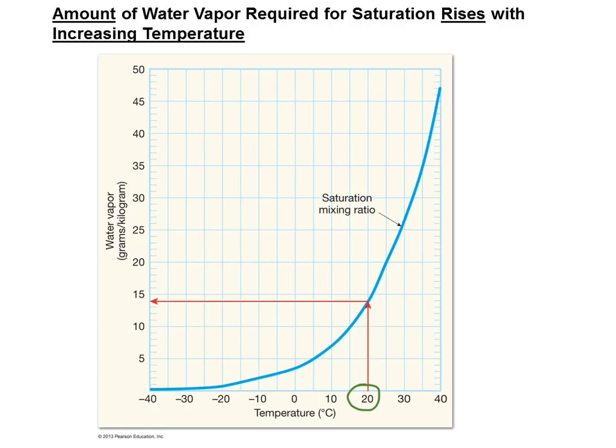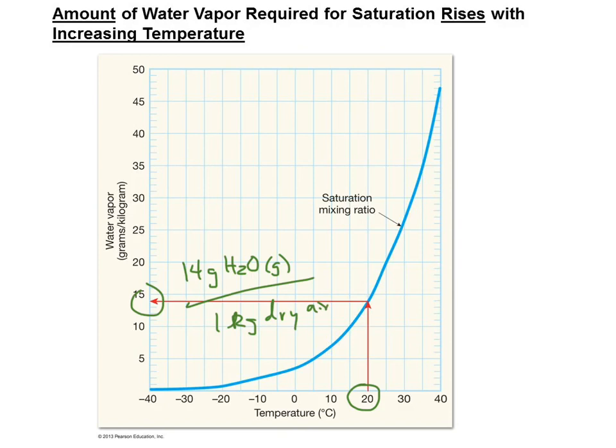If you want to have 100% relative humidity, then your mixing ratio needs to be 14. 14 grams of water vapor, H2O gas, per 1 kilogram of dry air. Then your air is saturated.